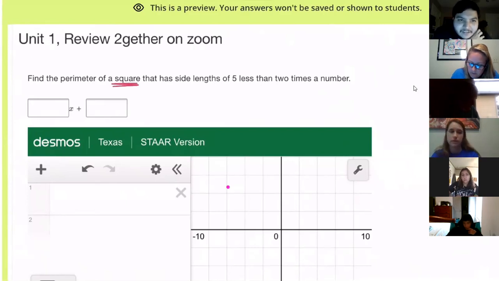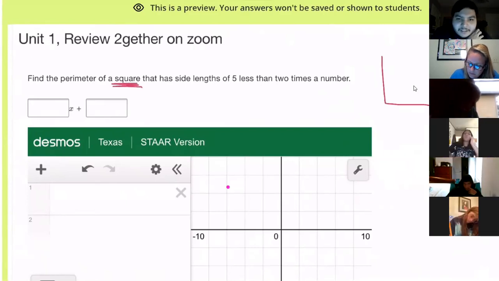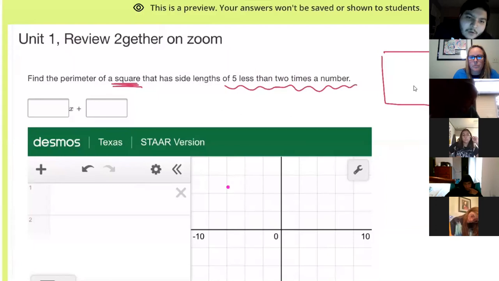So I'm going to draw it. Draw a square. Remember what shape you're drawing, and then it says 5 less than 2 times a number. So write in chat what you think that expression or equation will be. Miss McLeod is actually going to walk you through a videoed lesson reminding you of more of these things. So the next thing to do after our review together is to go look at translating expressions, and you're going to hear Miss McLeod's voice walk you through that.